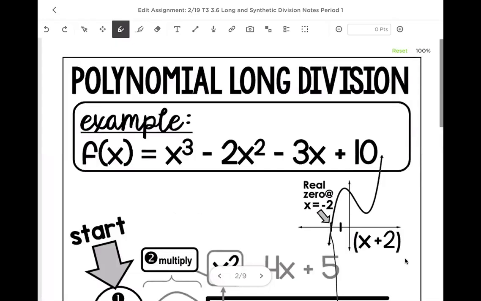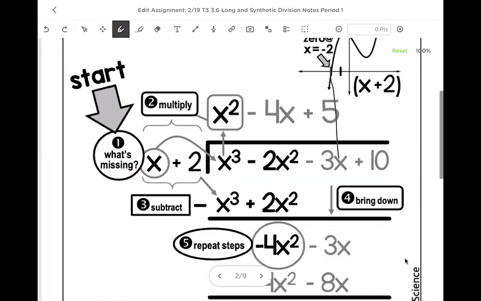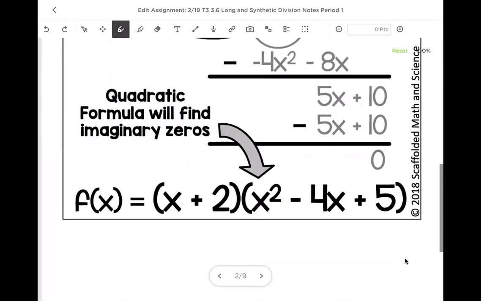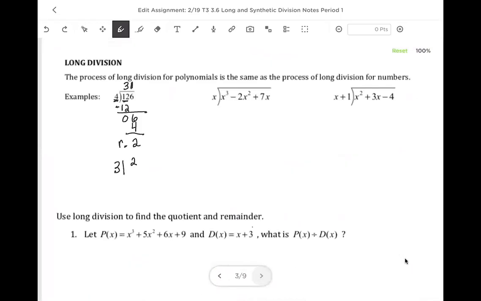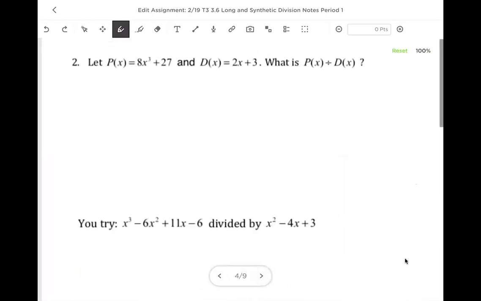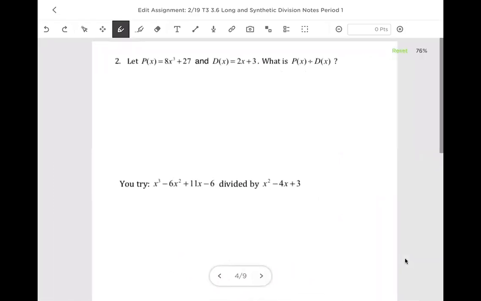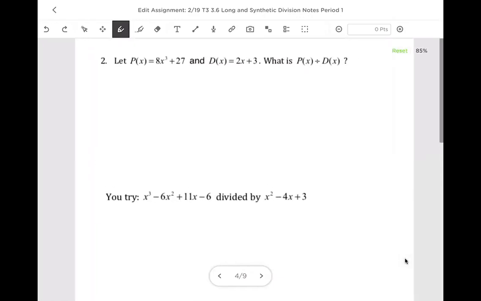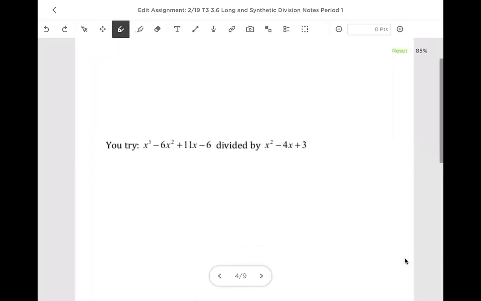And if you look back on here, they kind of step you through it, right? And also, you'll have this video to look back at and videos on Delta Math. Okay, so let's do number 2. All right, actually, let's not do number 2. Let's do the U try.